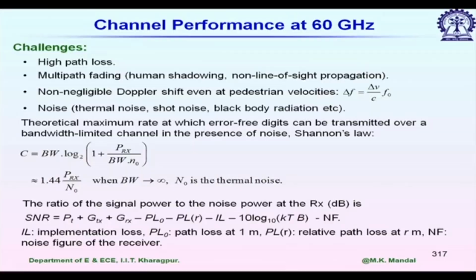In this expression we have minus 10 log 10 kTB, since we are using the decibel scale, minus the noise figure, and we are assuming the noise figure is given in decibel. Once we have this information, we can calculate the SNR, the signal to noise power at the receiver, and then calculate the channel capacity for that particular given channel.